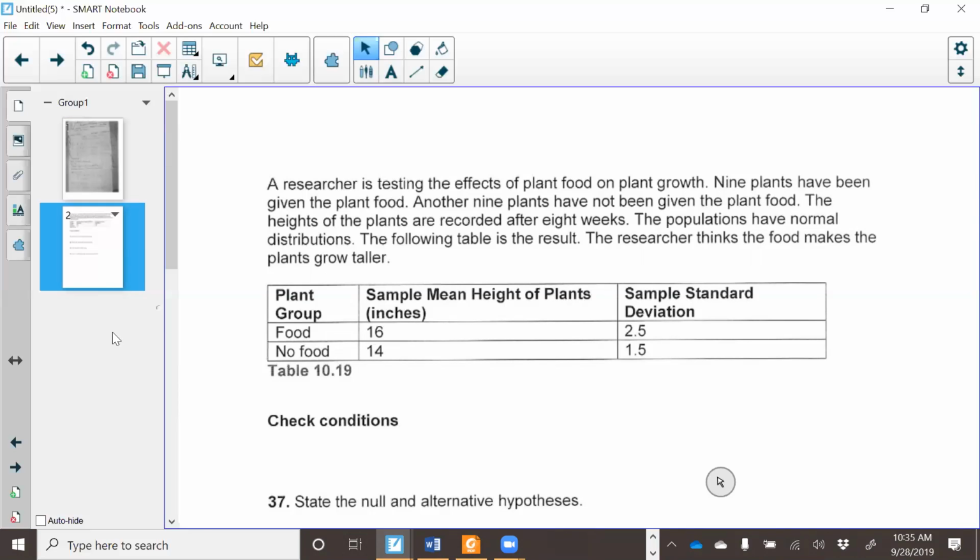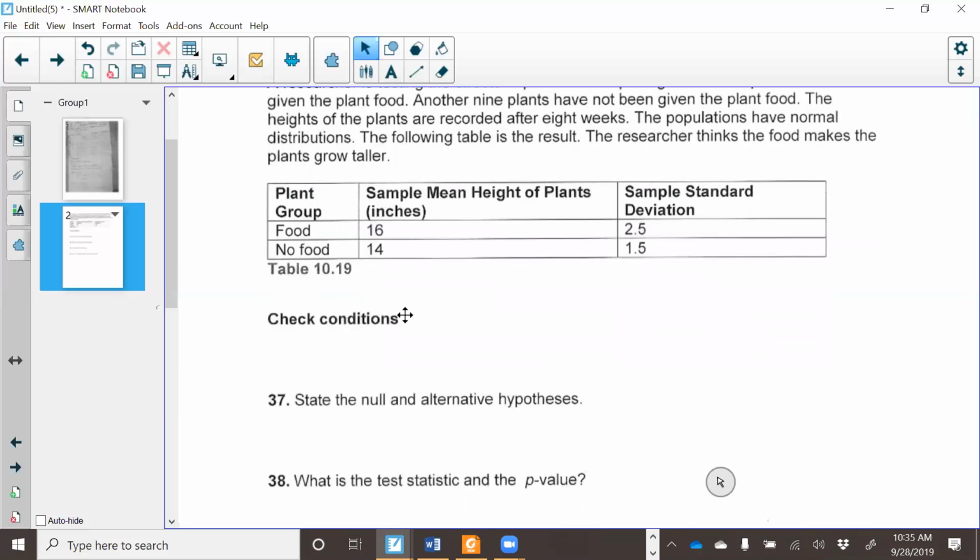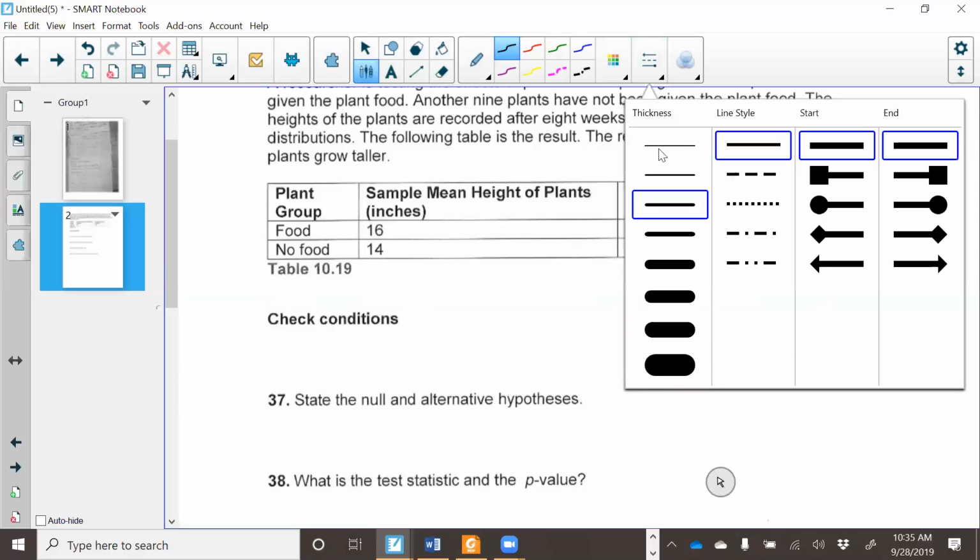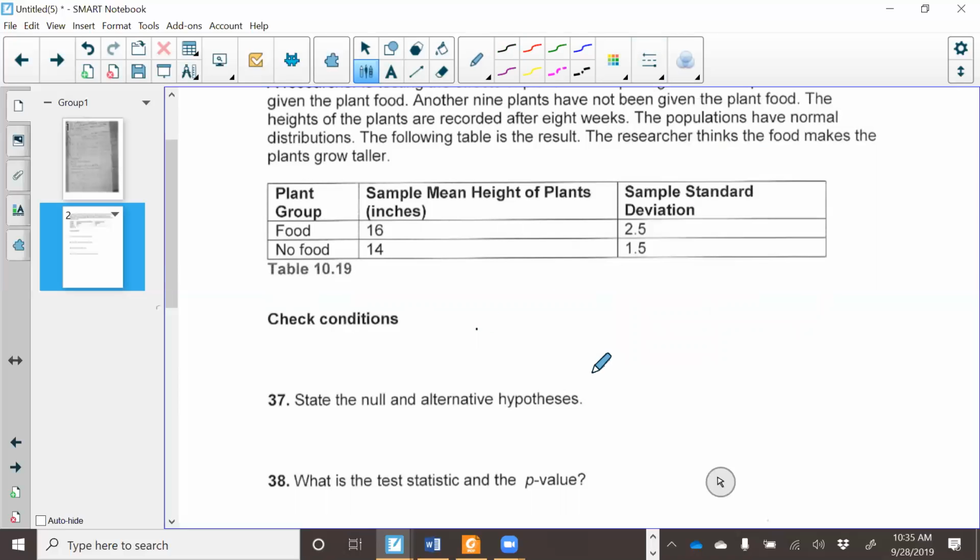Let me come here and see if I can get this board to write. Let's try the smart board. Here we go. So H0 is going to be mean 1 minus mean 2 is greater than 0.